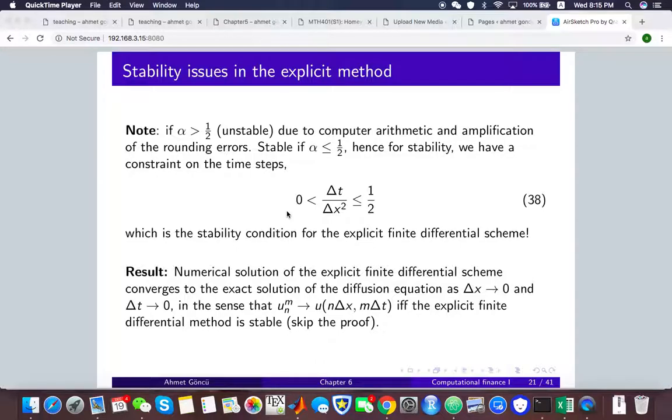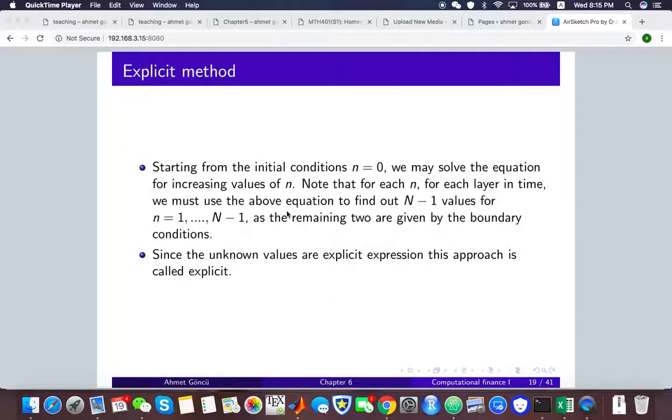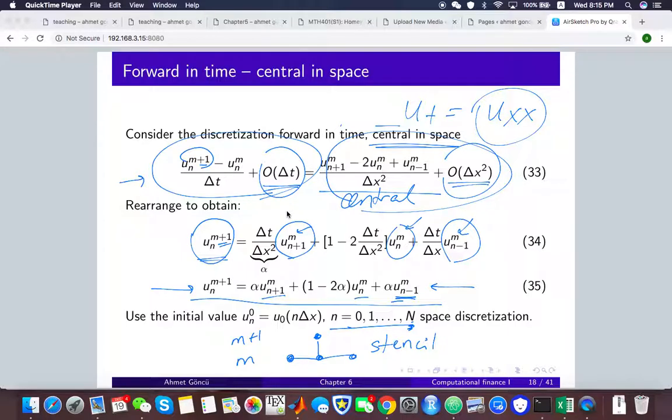So in the explicit method, there is one constraint, which is on this constant term alpha. Notice that we defined our alpha as the ratio of delta t divided by delta x squared, and if we have a large alpha, as you can see from the previous slide, then some errors that we make in the previous time step m are going to get larger and larger as we move forward in time.